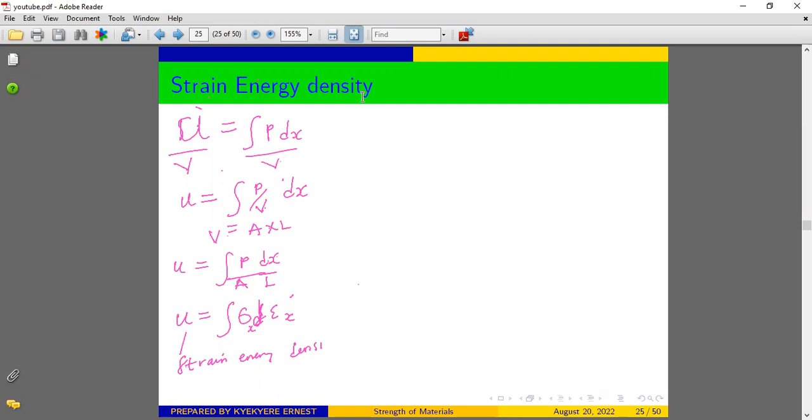Now, let us look at plastic deformation of a body. So let's take it that I have my stress strain curve like this. This is my strain, this is my stress.